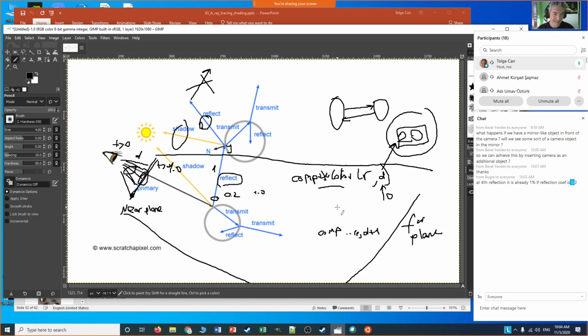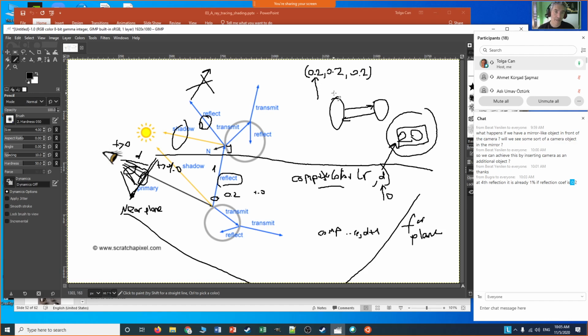All right, the final thing I want to mention: we talked about this 0.2. This reflection coefficient is actually a vector. If it's 0.2, it's going to be given to you like this: 0.2, 0.2, 0.2. For each color channel, we do this color accumulation and computation separately.